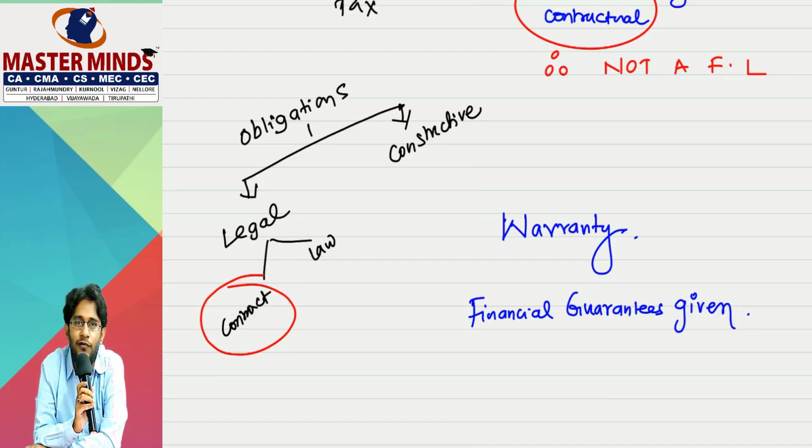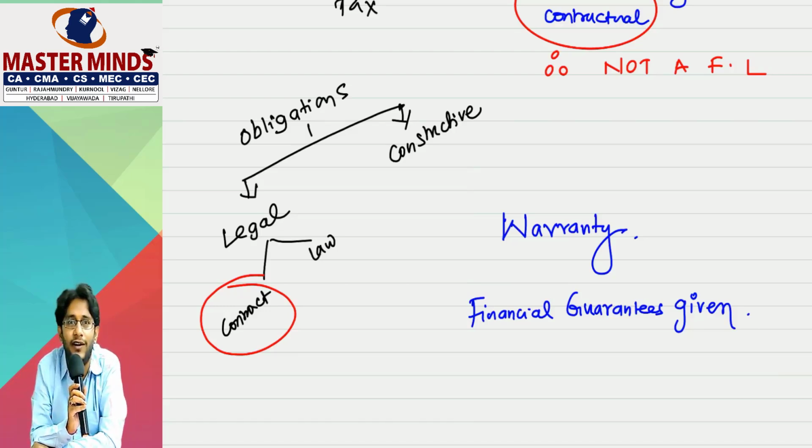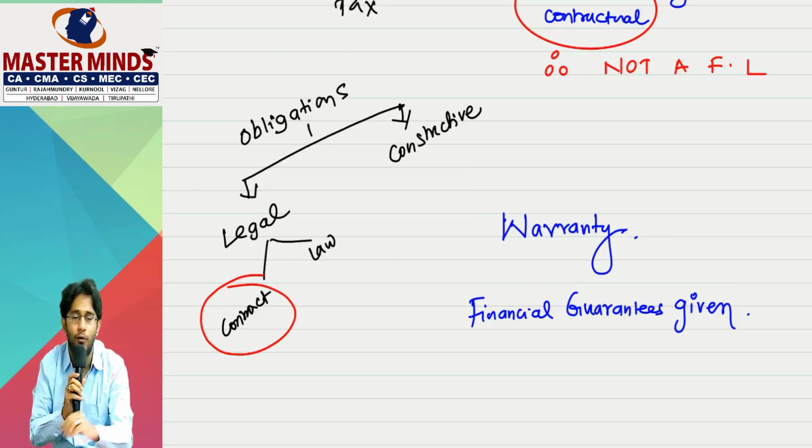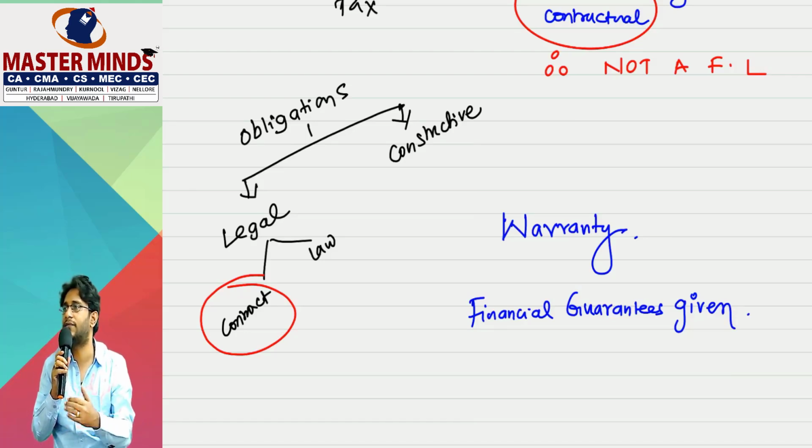Bring somebody of very high repute. That Mr. X came to me. So I went to the bank. I told the bank that I know Mr. X, you like my face, no? Give the loan to him. Then the bank told, if he doesn't pay, will you pay? I say, yes, I will pay. I signed and gave it. What I have given is a guarantee to the bank on behalf of Mr. X. This is called a financial guarantee.